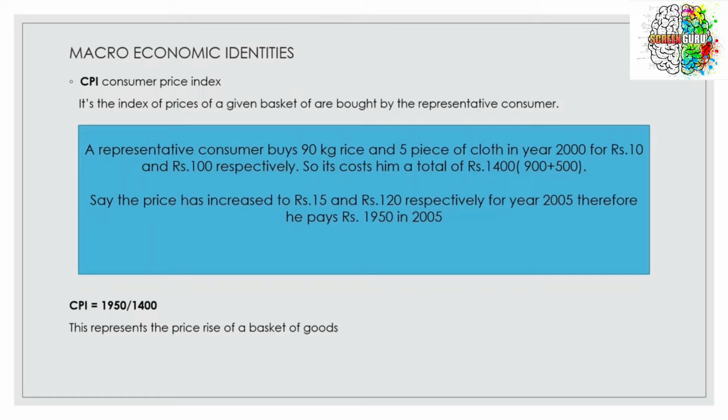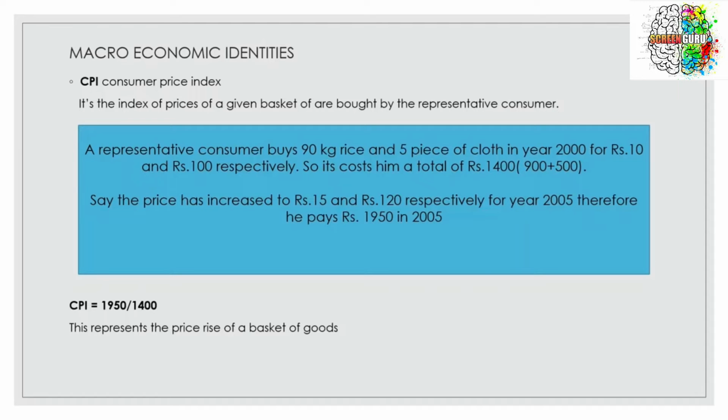So how do you calculate CPI? For that, we have to consider a representative consumer who buys 90 kg of rice and 5 pieces of cloth in a year at rupees 10 and 100 respectively. So in total it would cost him 1400 rupees to buy the entire thing in the year 2000. Say, for example, 5 years down the line in 2005, he has to pay 15 rupees for rice and 120 rupees for a piece of cloth.